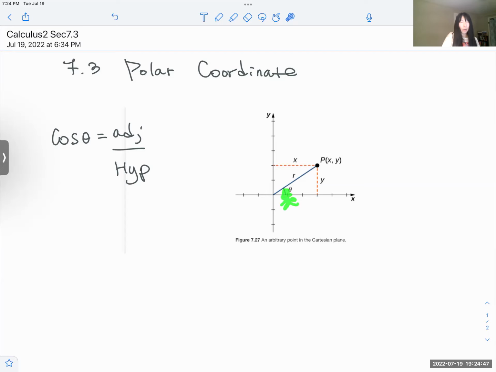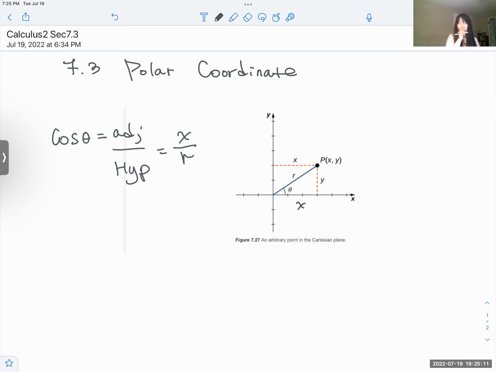Where will the adjacent side be? It's here, right? This one we call the X, same X. So it's X over the hypotenuse. The longest one is the hypotenuse, which is R, right?